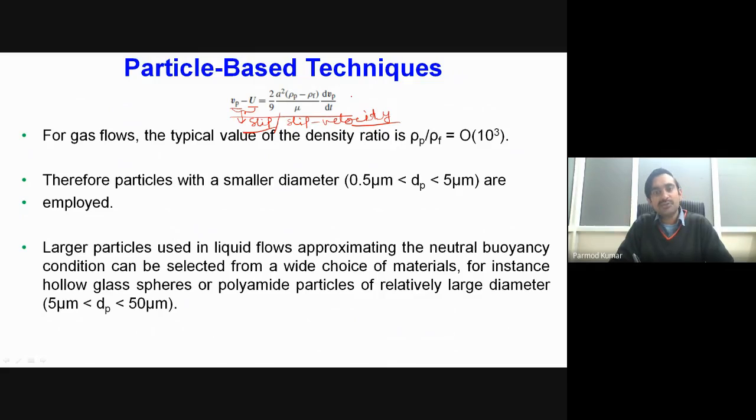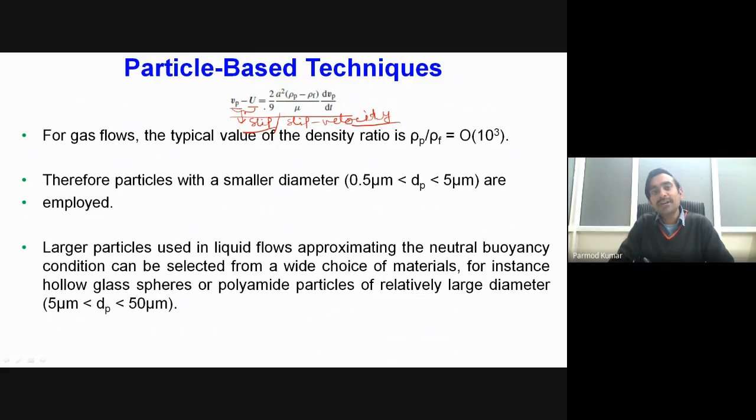Zero slip means our particle is exactly following the motion of the flow field. So by tracking the particle we can directly relate to the motion of the flow field, or determine the distribution of the velocity field.